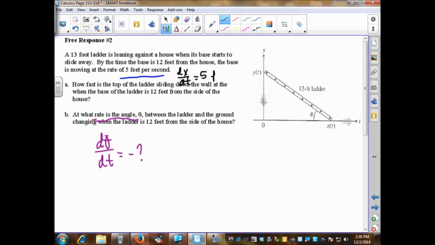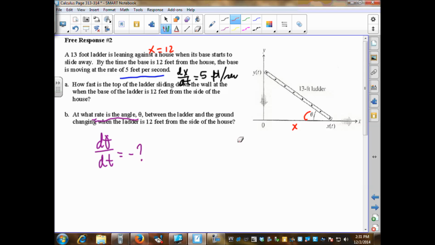And that's 5 feet per second. All right, we need an equation which describes what's happening here. And we're talking about theta. We can use sine, cosine, or tangent. Since I already know that x is going to be 12, I'm just going to go ahead and go with x.